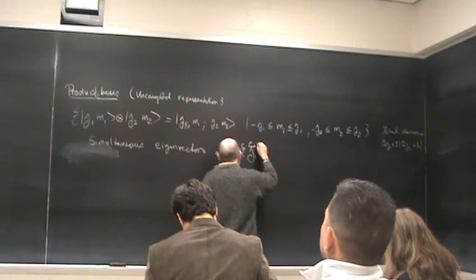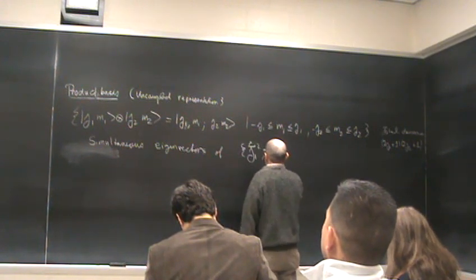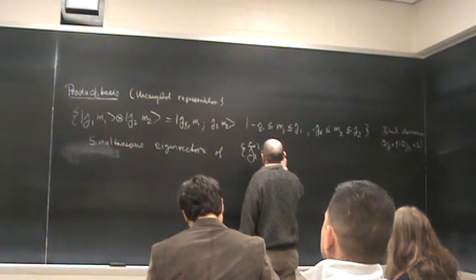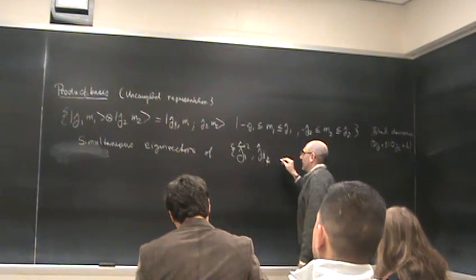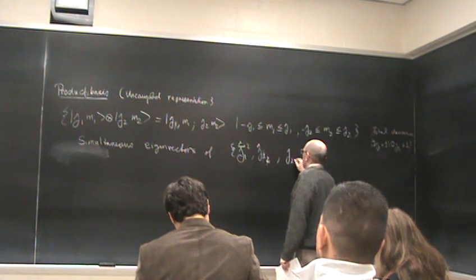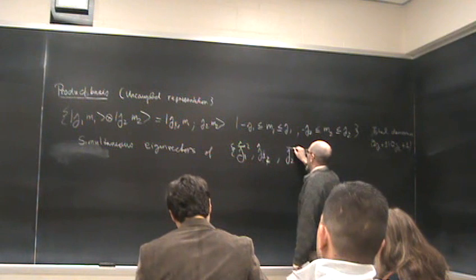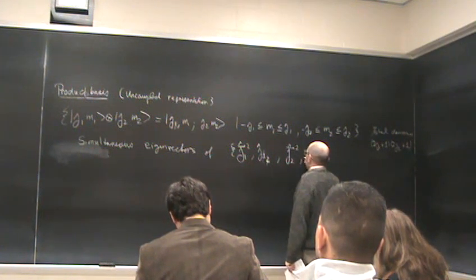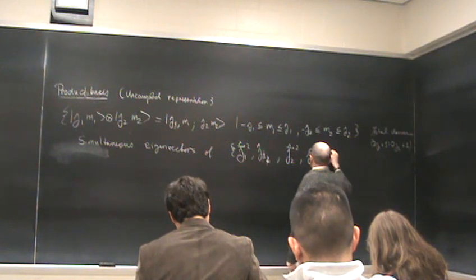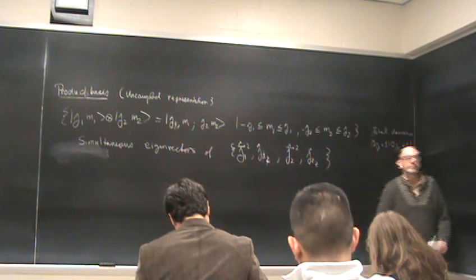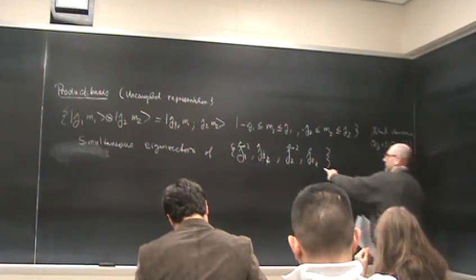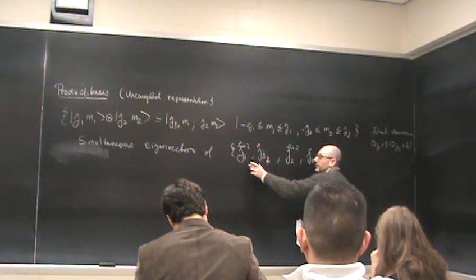the magnitude squared of particle 1, the z component of particle 1, or subsystem 1, and j squared for 2, and j2 squared, j2z. So these guys commute with these guys.